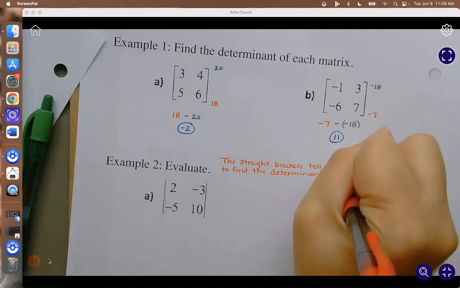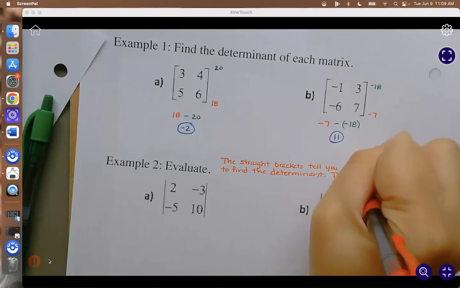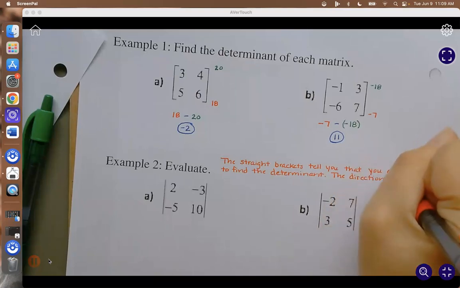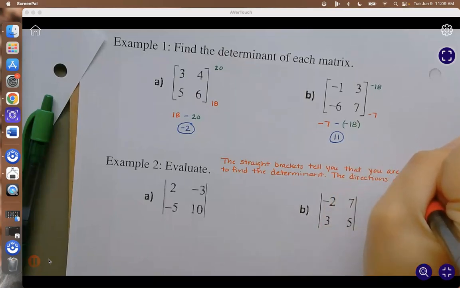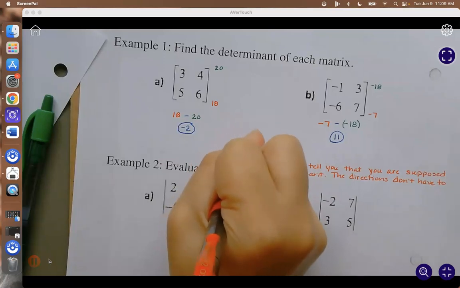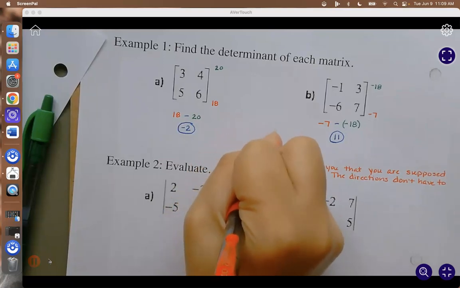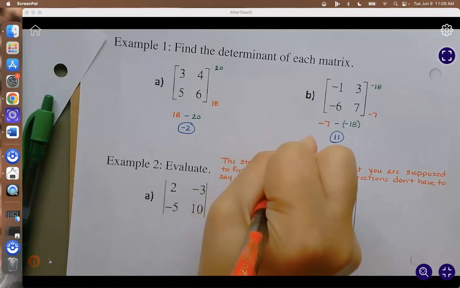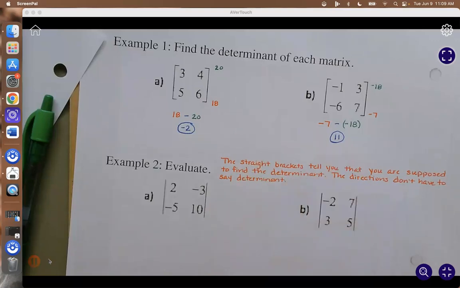The directions don't have to say determinant. Okay, so it doesn't have to say determinant because of the straight brackets. It's understood.